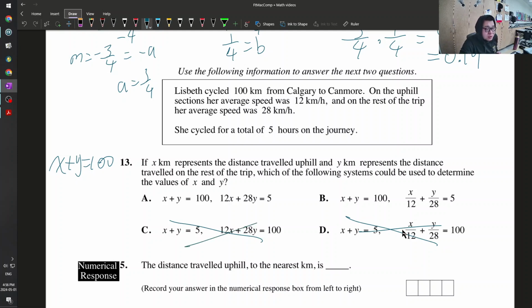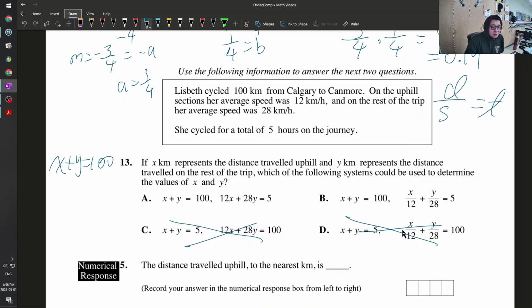So now she cycles for 5 hours in total. So distance divided by speed is equal to time. So what is my distance?